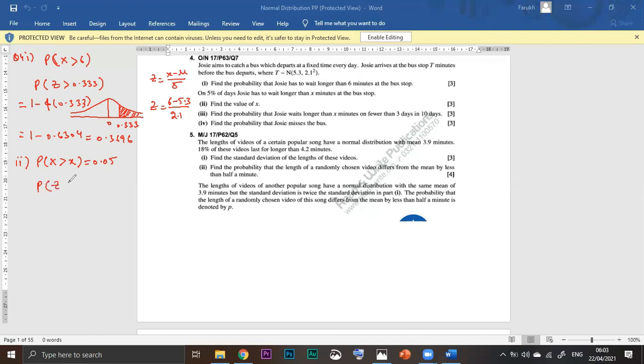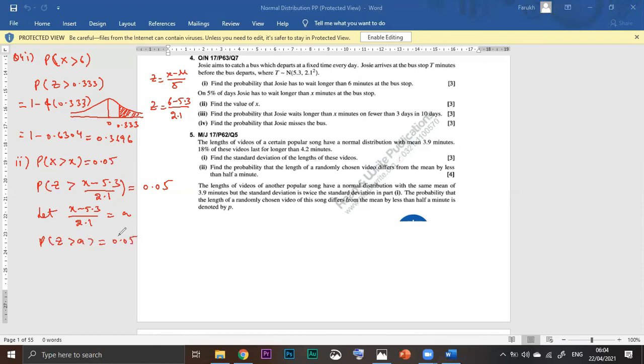Probability of z greater than x minus 5.3 over 2.1 is equal to 0.05. Let x minus 5.3 over 2.1 be equal to a. Probability of z greater than a is equal to 0.05.